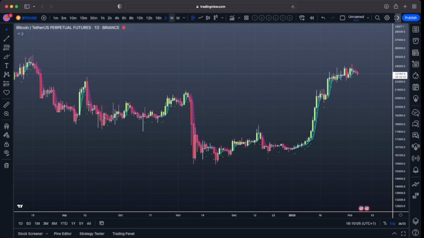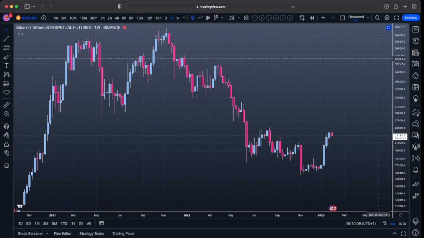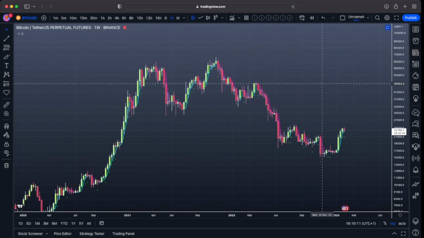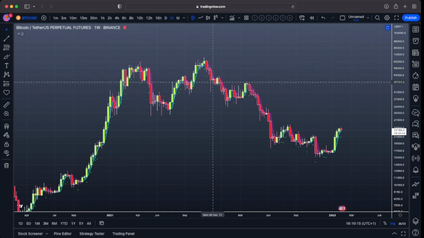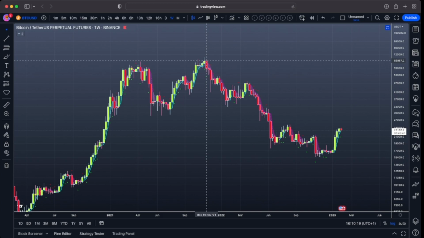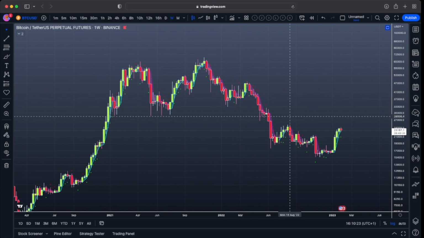You can also use it on the weekly time frame, which also gives pretty good signals where a market is heading. It caught the 64k top, it caught almost the 69k top, it printed the red candle on the next one, and we started the downtrend here.